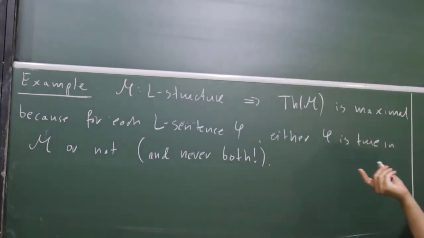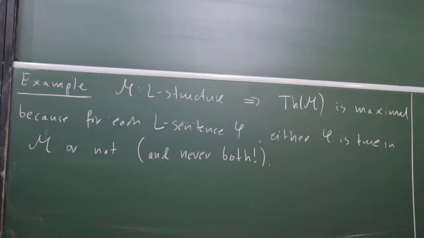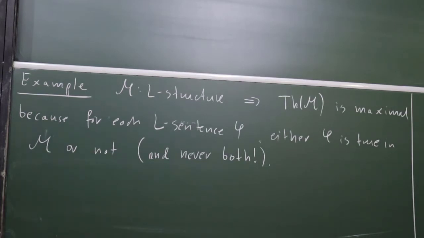So this is again the law of excluded middle, like in life. It cannot be true that today is Thursday and today is not Thursday. But one of them is true.